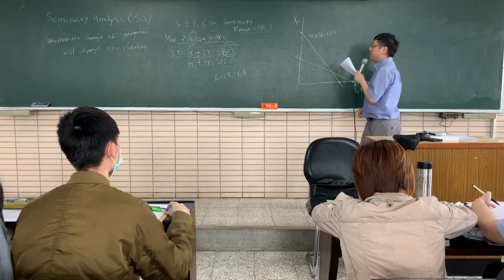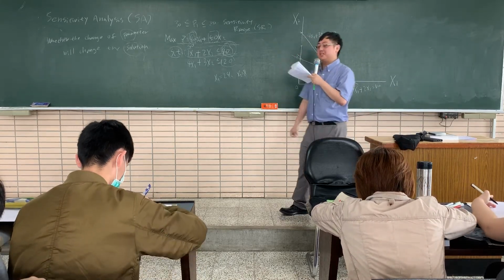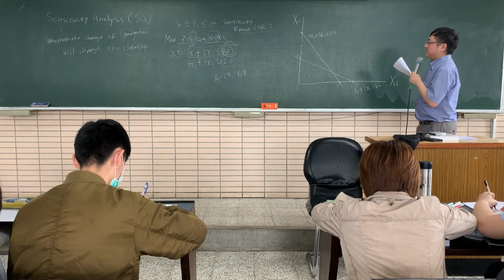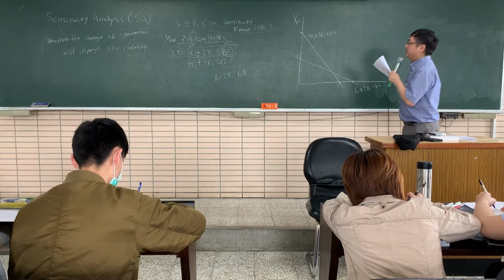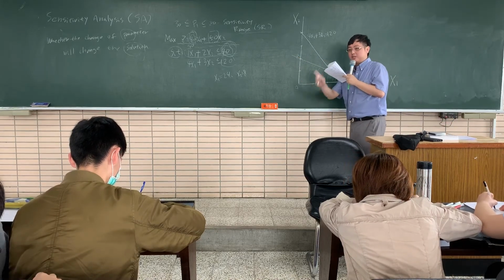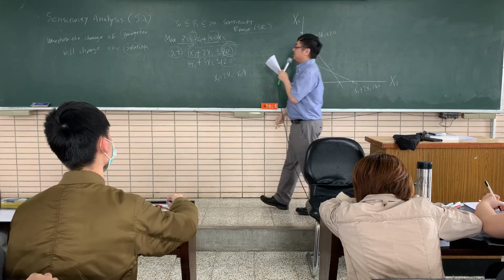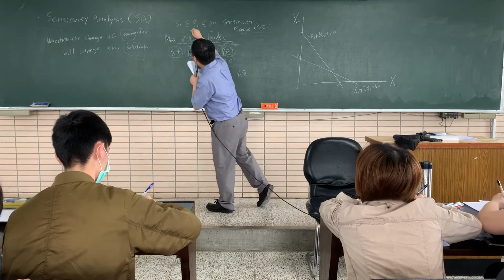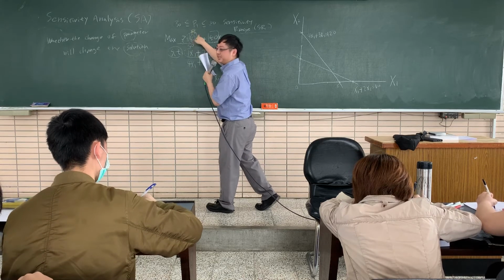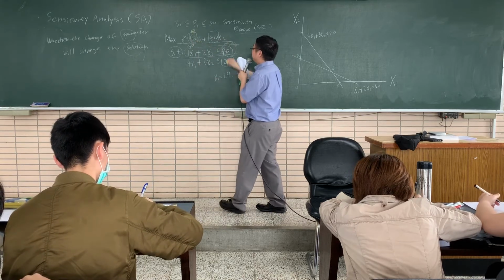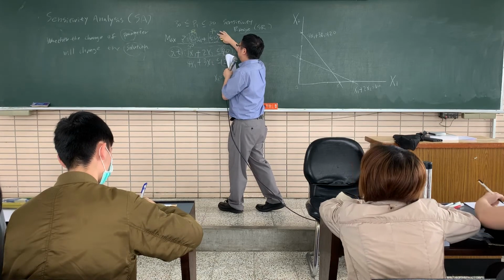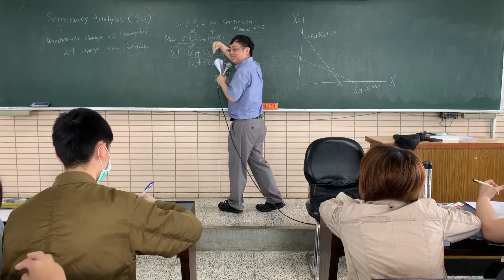So we now do the sensitivity analysis. When doing sensitivity analysis, we choose which parameter we will change. We focus on one change. This time we focus on T1 change. And this is T2. T2 is assumed not to change.